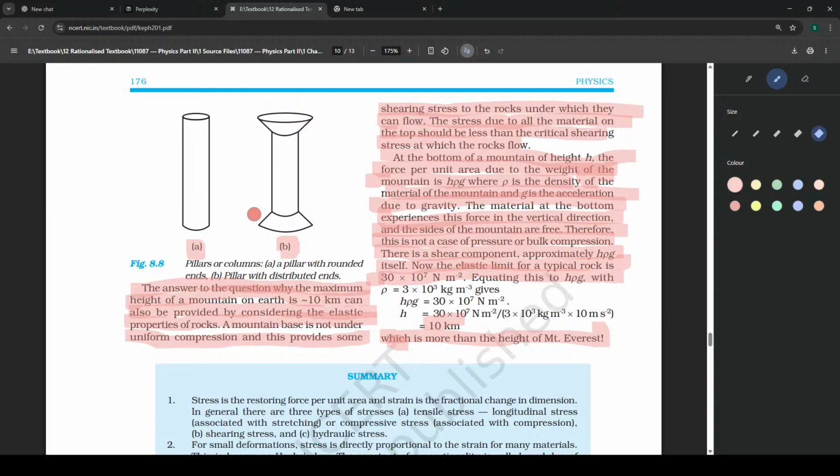It's not the case here because even though the top and the bottom have forces, the sides are free, so it's not getting bulk compression. That's what they said here.